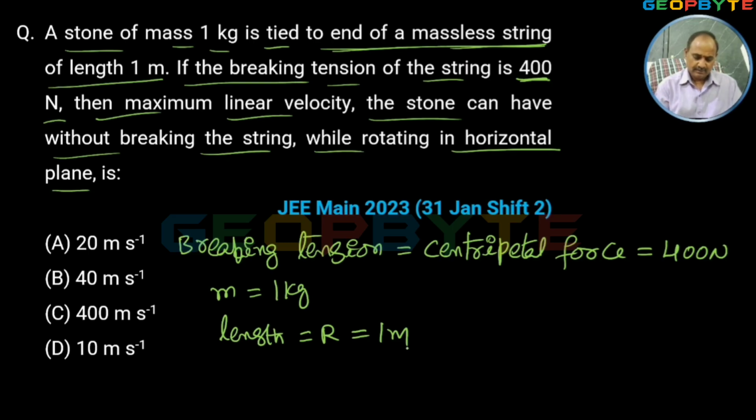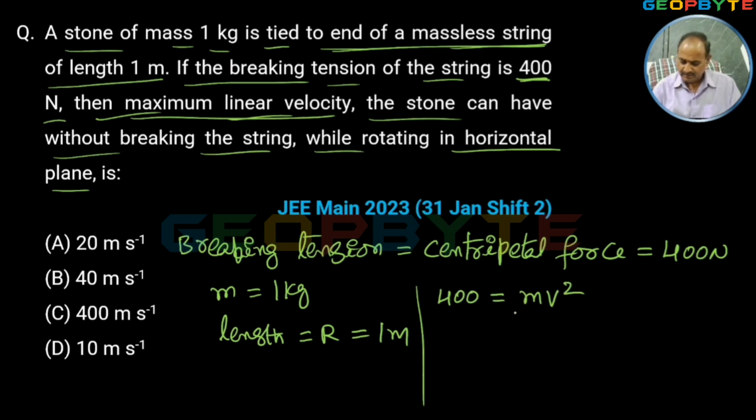What you are asked to find? What is the maximum linear velocity for avoiding the breaking? Very simple. This centripetal force must be equal to mv square by r. 400 is equal to m is 1, v square divided by r equal to 1.